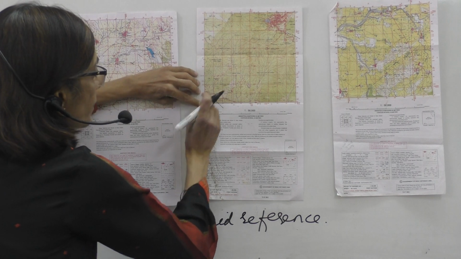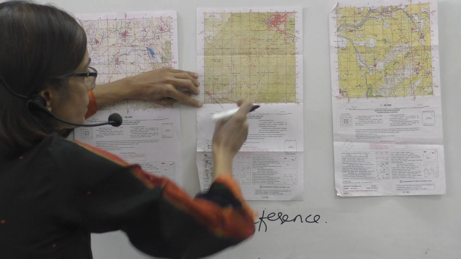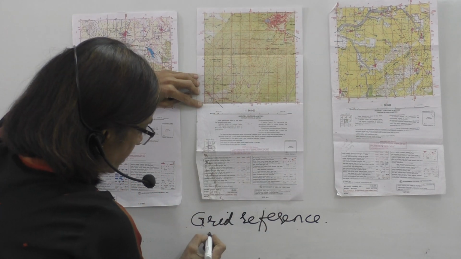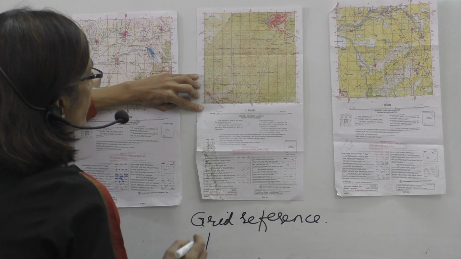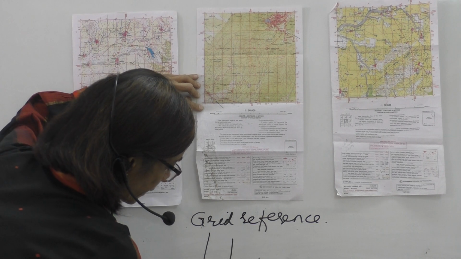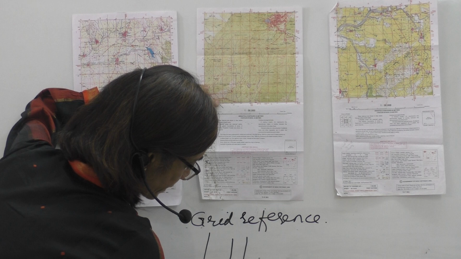Now look at this topo sheet. It has vertical lines, and their numbers increase towards the right. This vertical line is 15, this one is 16, the next is 17.